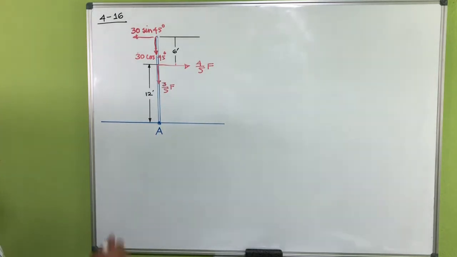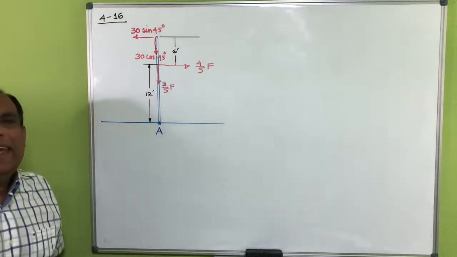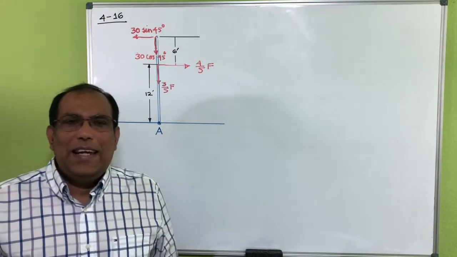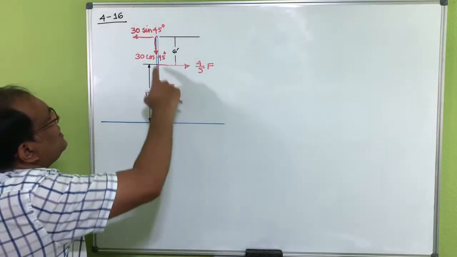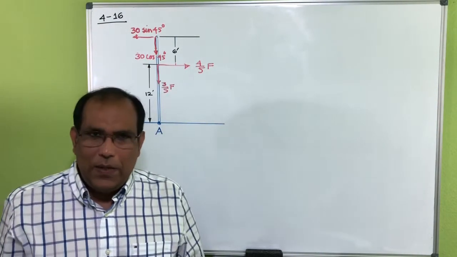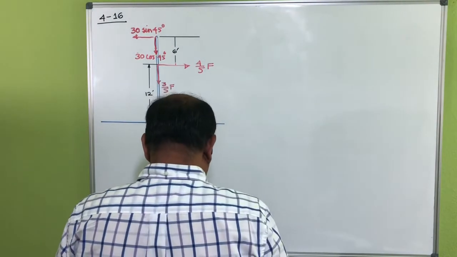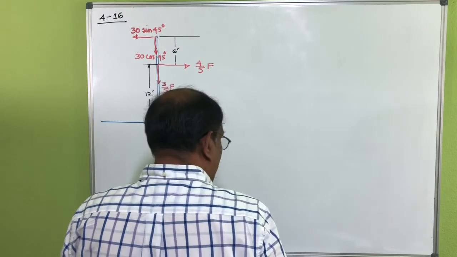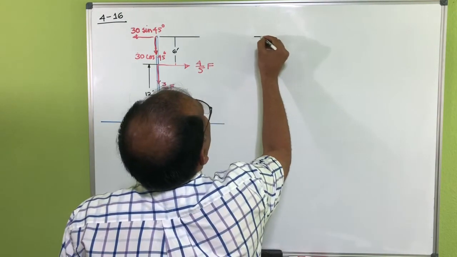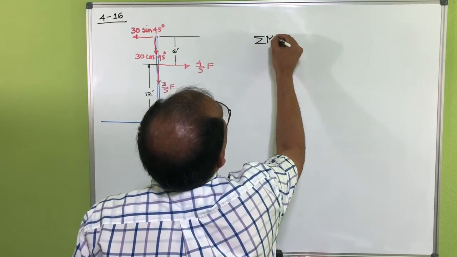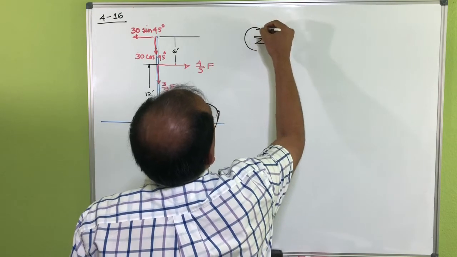Now you can see this component and this component are passing through point A. So basically the distance from A to the line of action of these two forces is actually 0, right? Now I can just take a summation of moment at point A, and let's say clockwise is positive, okay?